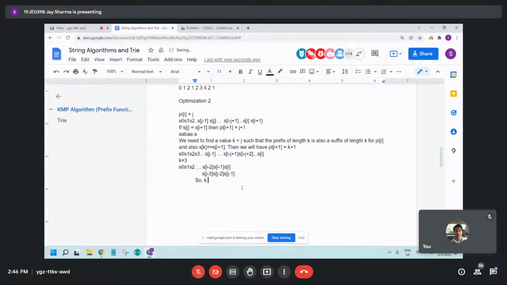Okay, so k will be the length of any proper prefix which is also a suffix of s of 0 to s of j minus 1. Okay, so if you understand this thing, then by definition this is nothing but pi of j minus 1. So are you getting this?